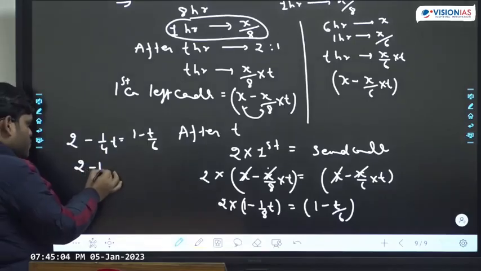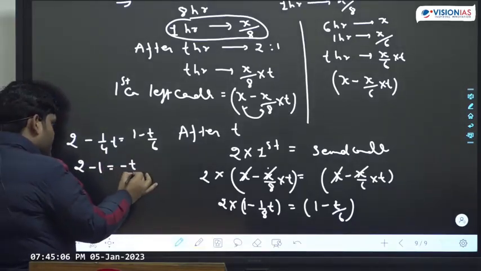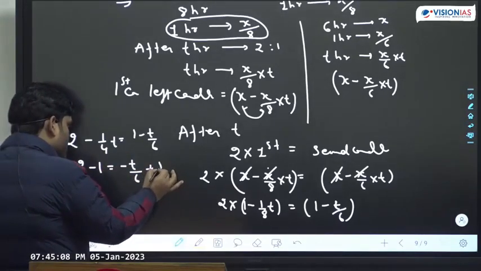So 2 minus 1 is equal to minus t by 6 plus t by 4.